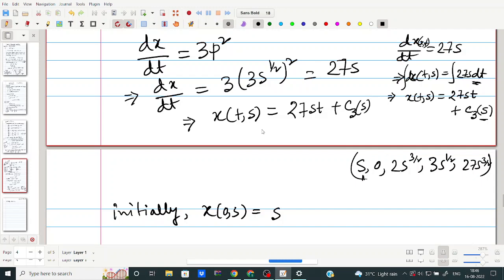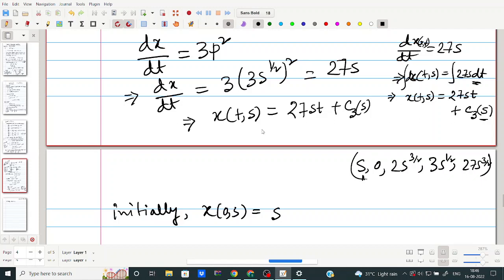So what I got? x of t, s equal to 27 s t plus s. Is it okay up to this? Okay, okay. Suddenly a line has come here. I don't know why.